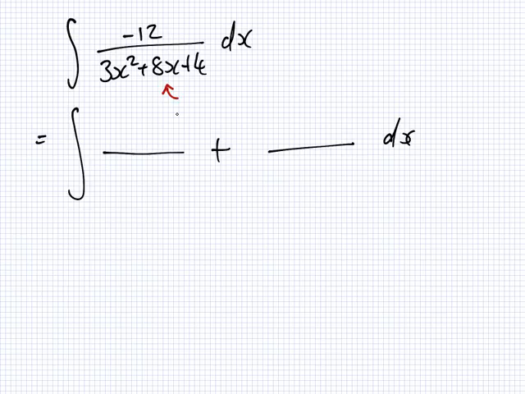If it has roots, it means it has factors, which means you can write it like this. If it doesn't have roots, meaning it has no factors, then you have to complete the square. It's usually the way you can tell. So we know that this has factors, so that's why we can do it this way.